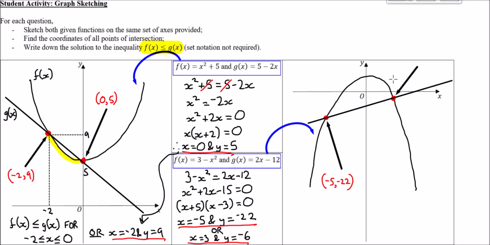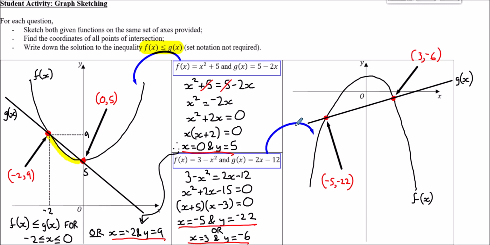That's going to be 3 and minus 6. Couldn't follow my own writing there for a moment, apologies. So we can label on which is f of x. So f of x is the parabola, which we've got here. And g of x is the straight line, which is this one.